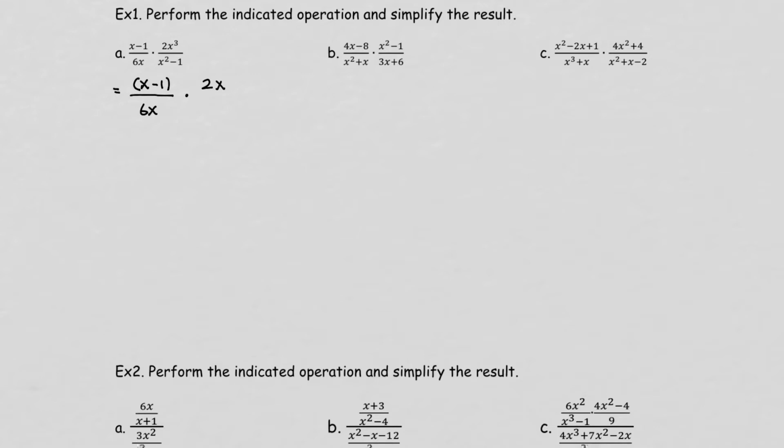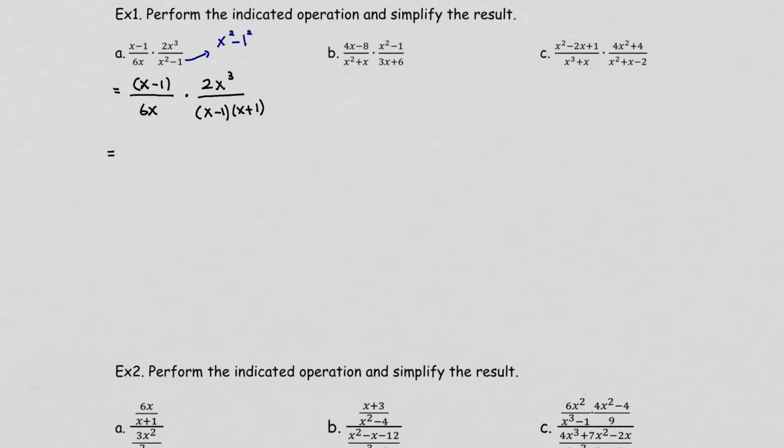Numerator will stay the same, it's 2 times x cubed. Denominator, this is going to be a difference of square, since we can rewrite this into x squared minus 1 squared. So you should be able to factor it as x minus 1 and x plus 1.